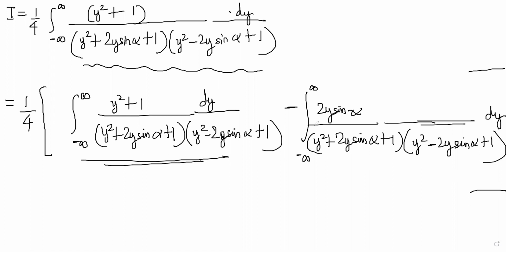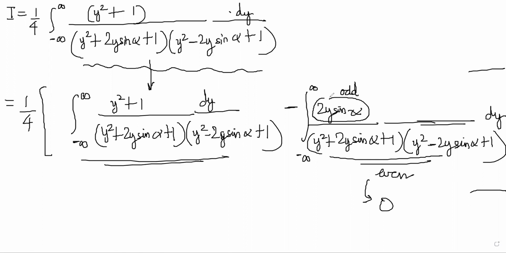Why is it not changing my answer? Because clearly this part is odd and this part is even. So the value of this odd by even will be an odd function. The value of this integral is actually 0. So subtraction should not make any difference, right? You are writing down the original integral and subtracting an integral whose value is 0.